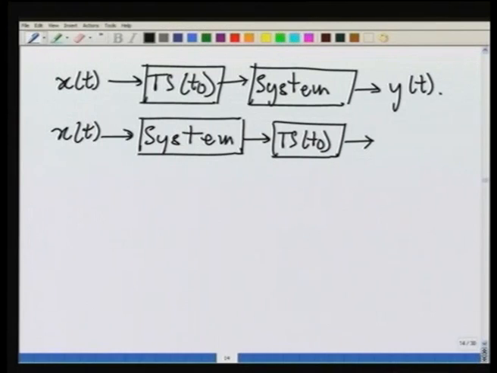Earlier we did Ts of t0 and then the system. The output we get here must be the same as before. y(t) in both cases must be the same irrespective of which of these two is applied first, and that therefore makes the approach to understanding time invariance very similar to our approach of understanding linearity. We could again in fact use the commutation diagram.